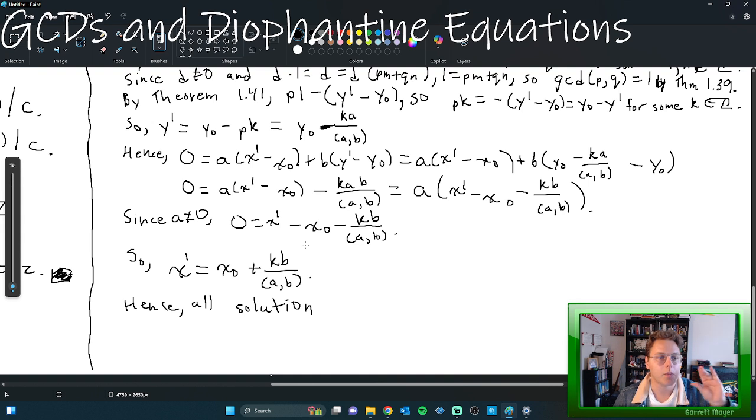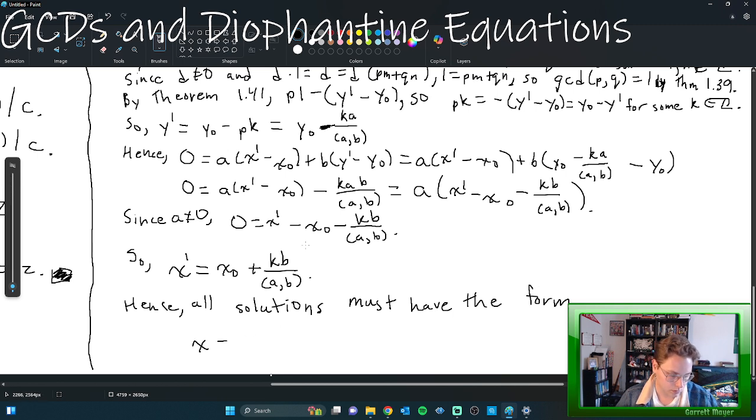It could be anything, but we showed that it has to follow this form: x naught plus KB over GCD of A and B, and y naught minus KA over the GCD of A and B. And there we go. That is the proof.